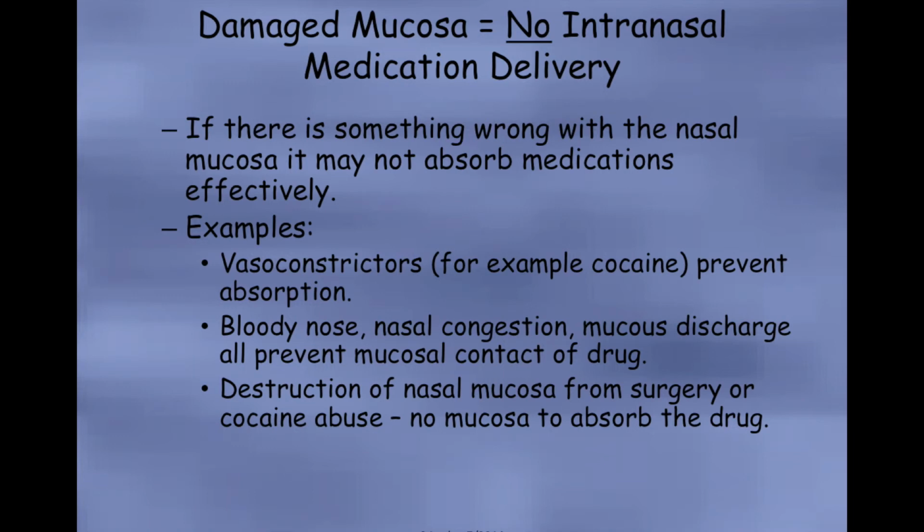For instance, a bloody nose that's pouring blood, some type of congestion or seepage out of the nose that cannot be suctioned out, then that's going to prevent mucosal contact to the drug. Destruction of the mucosa from surgery or cocaine abuse. Snorting cocaine is a vasoconstrictor, so it may prevent absorption. However, that is a relative contraindication.